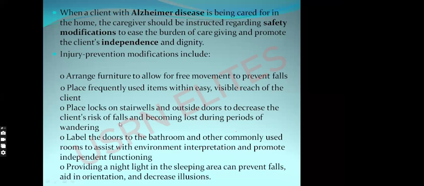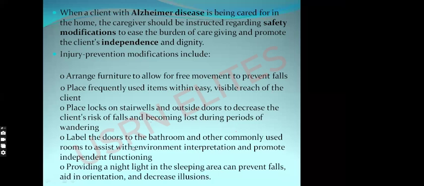So you have to place locks on stairwells and outside doors, for outside doors to prevent wandering, and for stairwells to prevent the risk of falls. Otherwise, before you realize, they are down there, and it's not their fault. It's their condition.